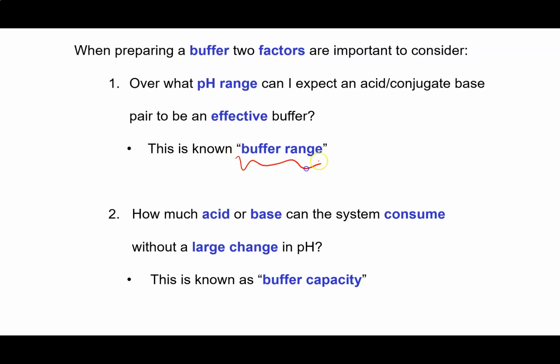This is known as buffer range. The other thing we might ask ourselves is how much strong acid or strong base can we add to our system before we are beyond what the buffer can deal with? That's referred to as buffer capacity. So I'll give you some guidelines for both of these things now.